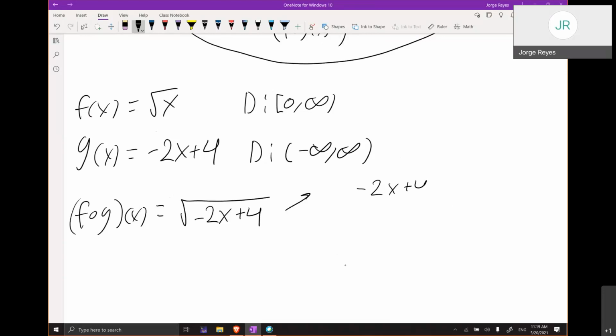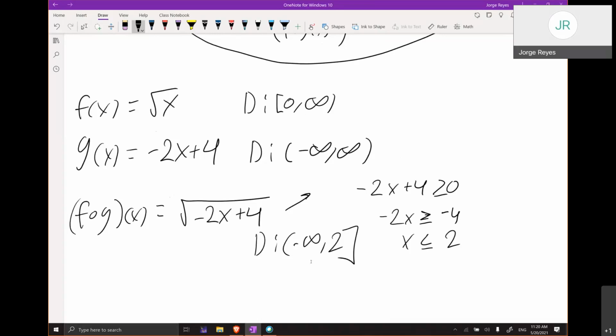So negative 2x greater than or equal to negative 4, x less than or equal to 4, I mean 2. So we get the domain negative infinity to 2. Not bad. Not horrifying.